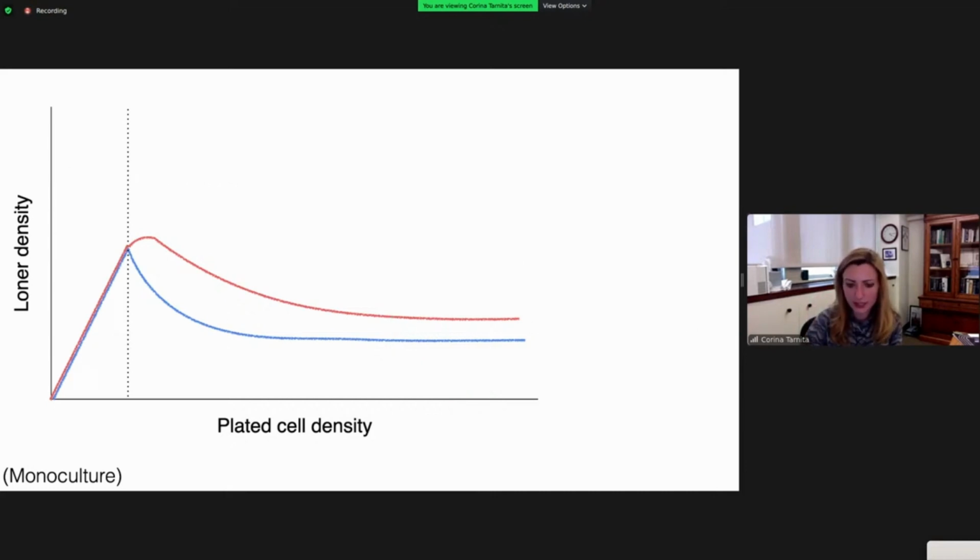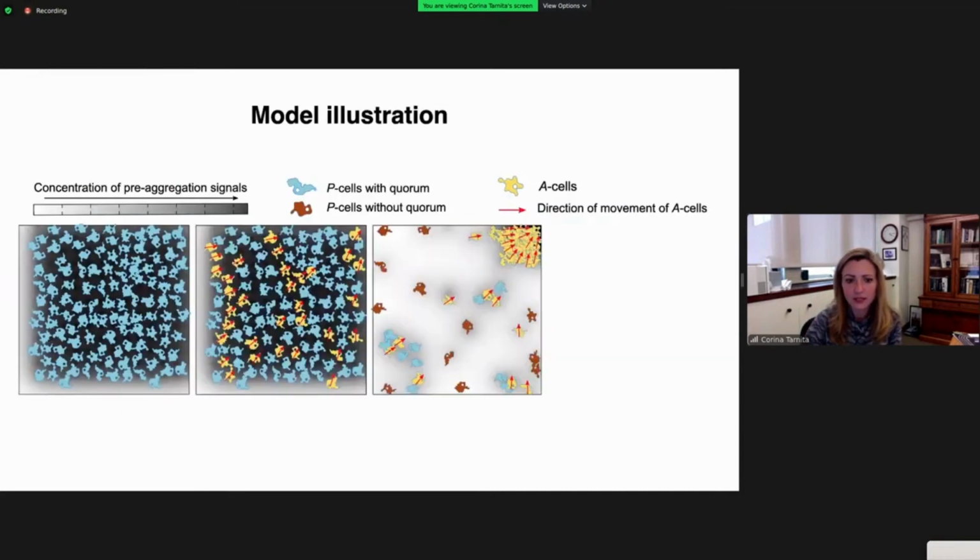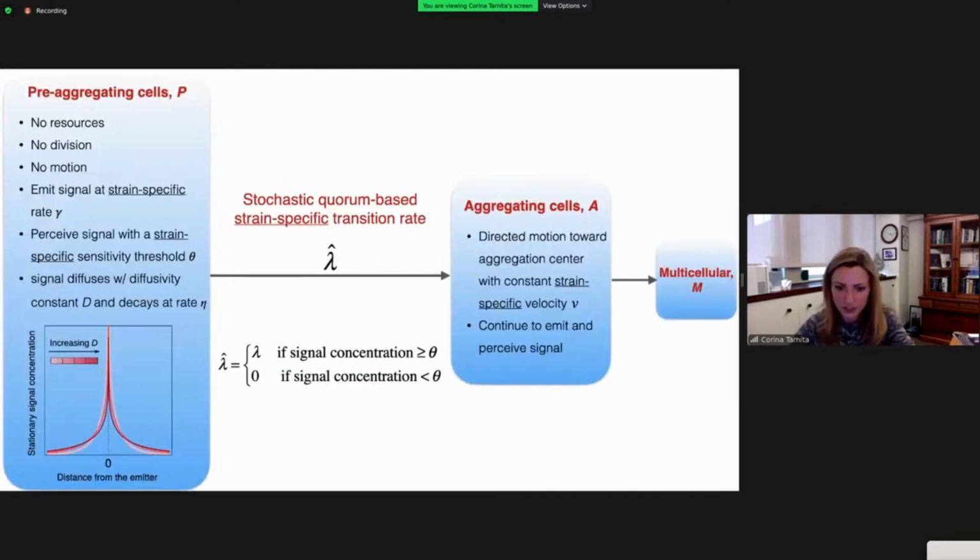If these cells here, the yellow cells that are starting to aggregate, move very, very slowly, much, much slower than the rate of stochastic decision making, you are not going to have any loners. So it's the relative rate of these two arrows, basically, that is very important for whether you have loners at all.